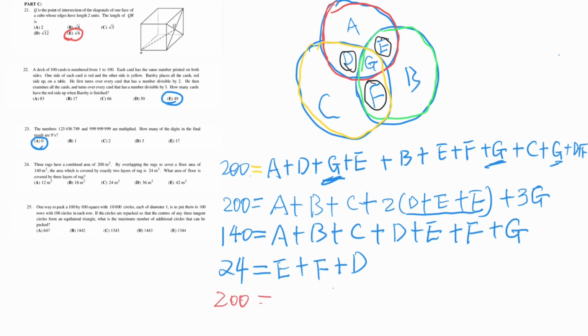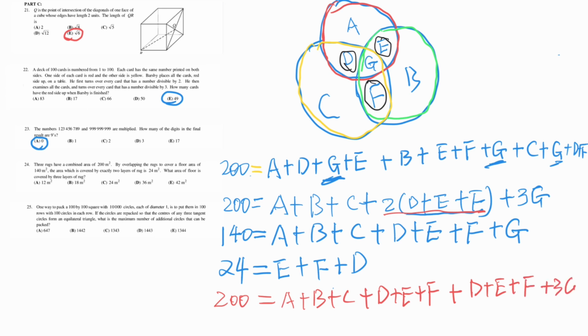200 equals A plus B plus C plus 2D, 2E, 2F. I separate D plus E plus F plus another D plus E plus F, then plus 3G. Now we use substitution. D plus E plus F equals 24.